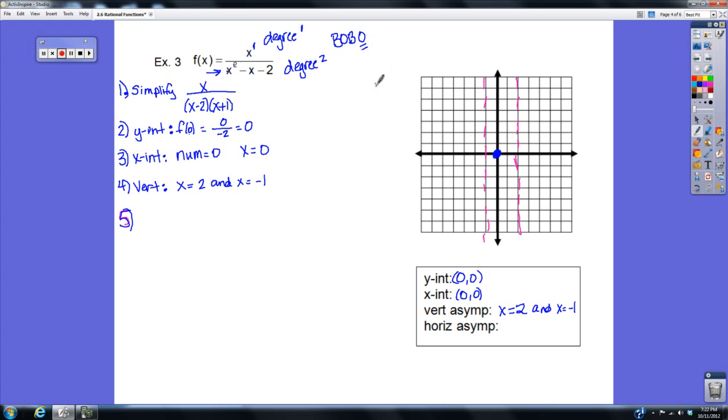So it's Bobo: y equals 0. I'm just going to write Bobo because I did the work up there. So y equals 0. I'm going to put check degrees. Okay, let's put that on the graph, y equals 0.